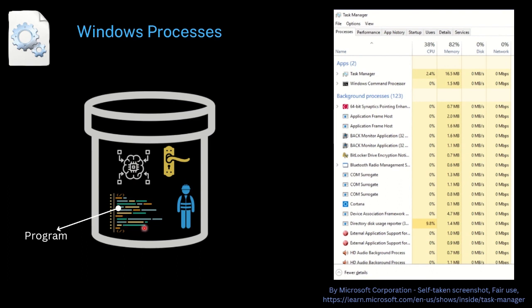It will contain a program, the code to execute the actual code of the application, and then it will contain an execution thread, one worker, or it can have more workers as well, to execute the code of the application. So it will have at least one execution thread.